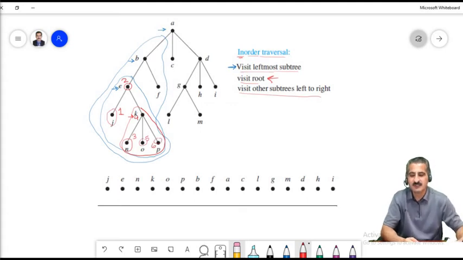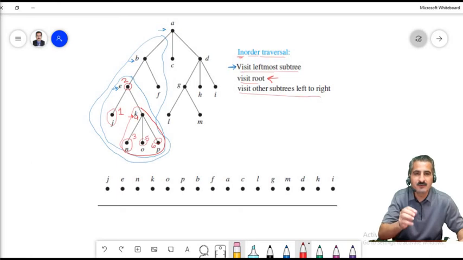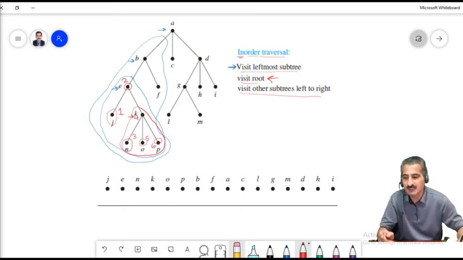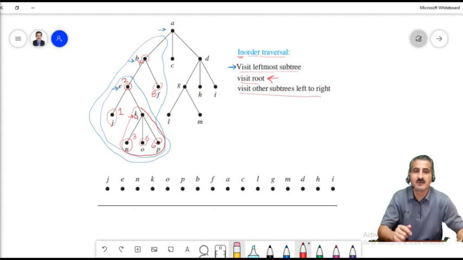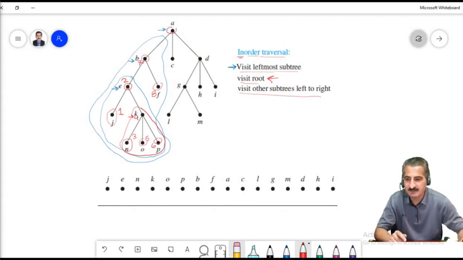Now we are done with the leftmost subtree rooted at B. Then we will take B and this will be number 7. And then we go to its right subtree, which is this, and this will be number 8. Now we take A and this will be 9.